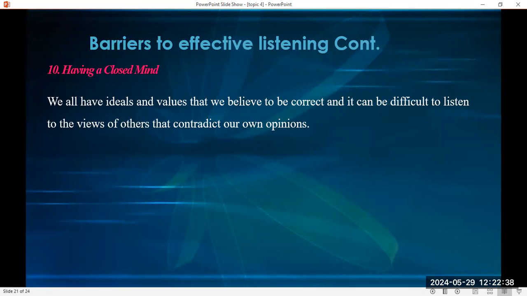And most of the time, we take our opinion as the correct opinion. Our beliefs, our opinion, correct. If anybody comes to tell you something contrary to your opinion, to your beliefs, you don't listen to them. You don't want to listen to them. That is having a closed mind, even when they are giving you facts, points, you don't want to listen to them.